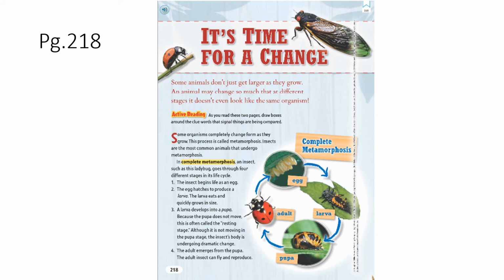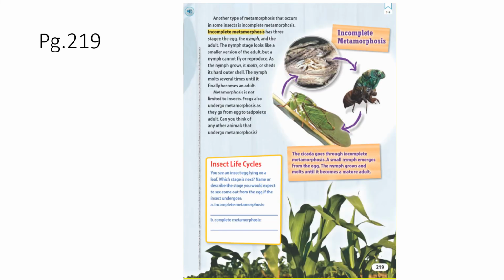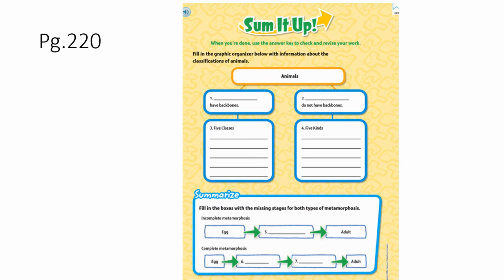Please read pages 218 and 219 and highlight them because they have all of the information you need to know about an incomplete metamorphosis and the complete one. Also solve page 220.